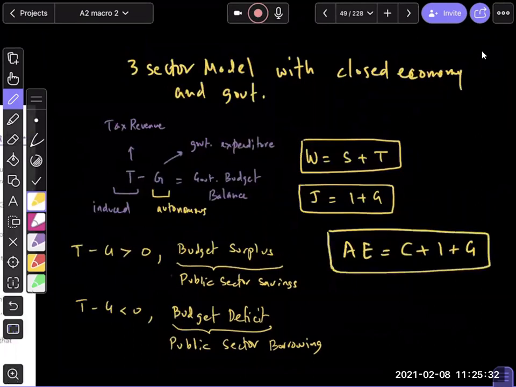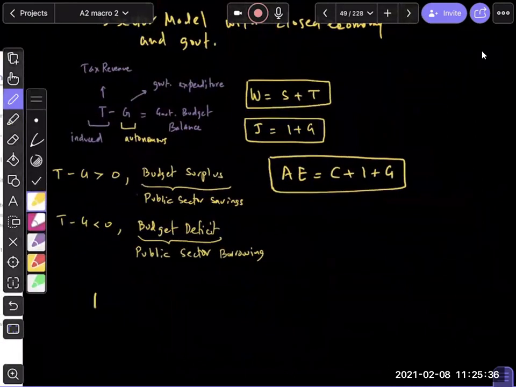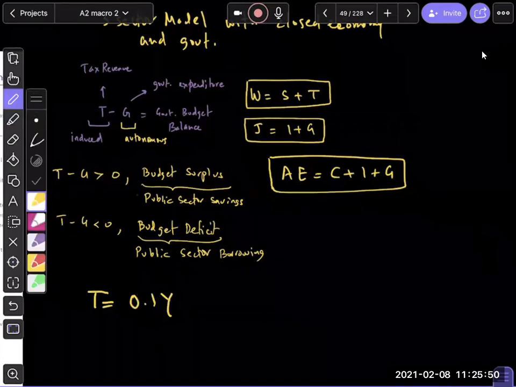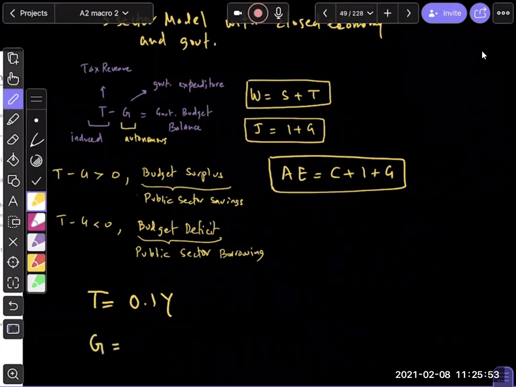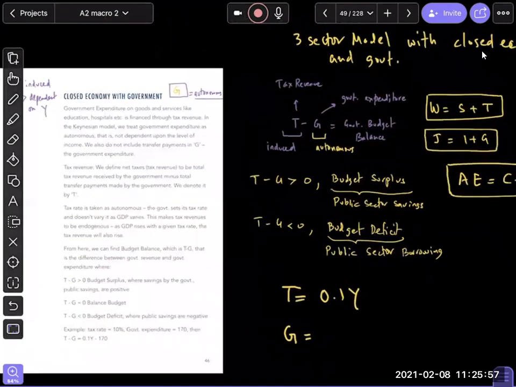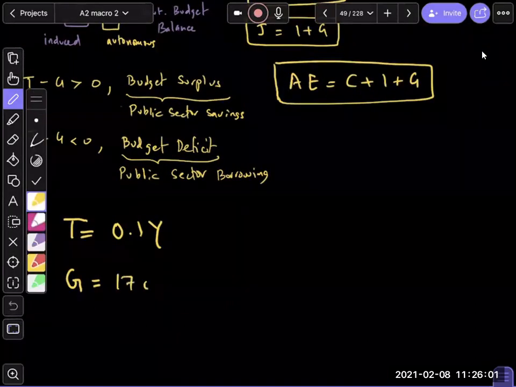Now I want to talk about one more thing, guys. Let's say our tax has an equation of 0.1y. Okay, what does 0.1y mean? My tax rate is 10%. So anytime you earn 100, 10% is taken away as tax. And my G equation is, let's say, to be consistent, let me just figure out what G was in our model. Yeah, G is 170. Let's say my government expenditure is 170.